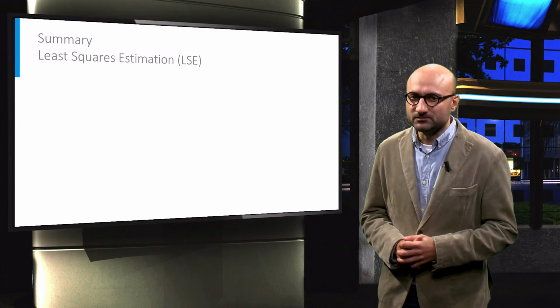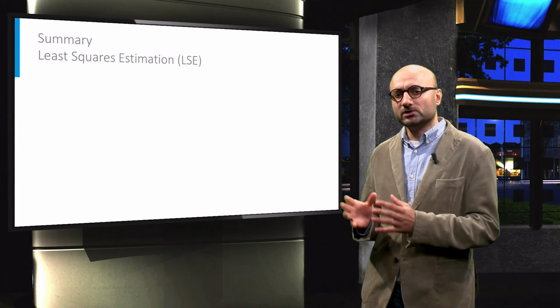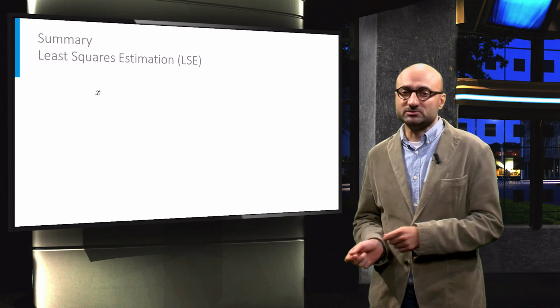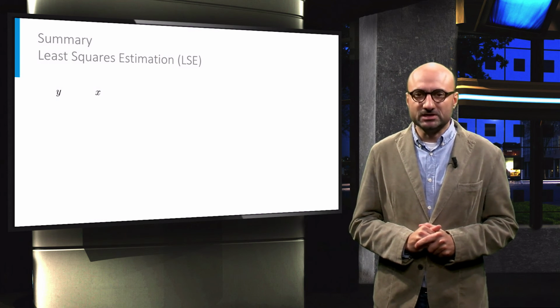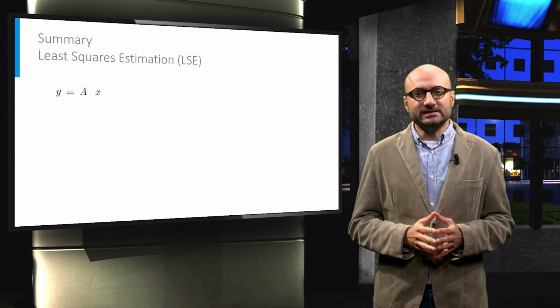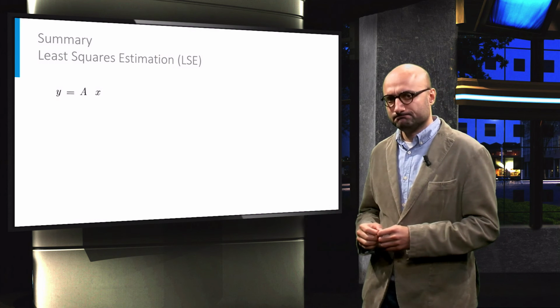To summarize, for any given estimation problem, when we relate our unknown parameters x to observations y, using a functional model described by the design matrix A, the least squares estimate can be computed by this simple equation.